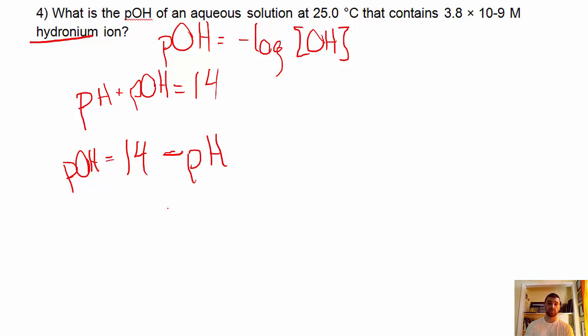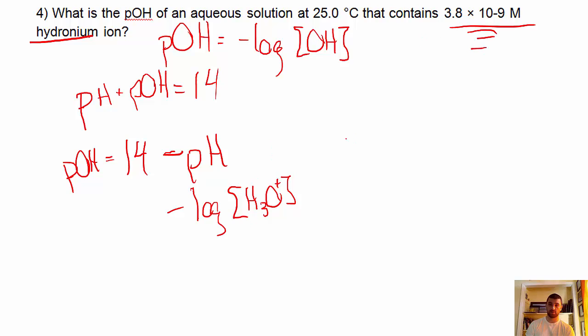And we know that the pH is negative log of the concentration of the hydronium ion, which they gave us right here. So we just plug that in. pOH is 14 minus negative log of this number, and you get the answer of 5.58. That's your final answer. That's it.